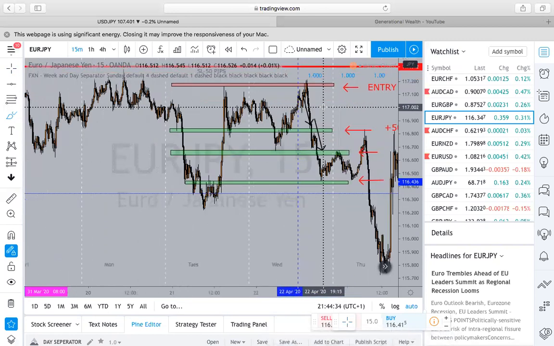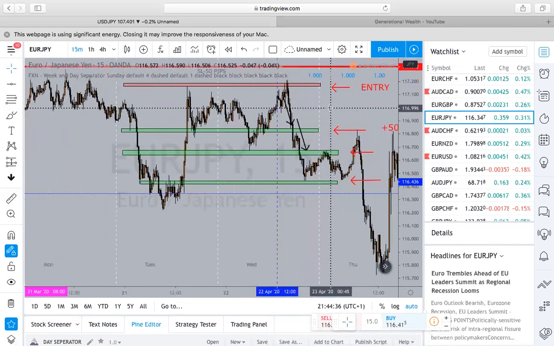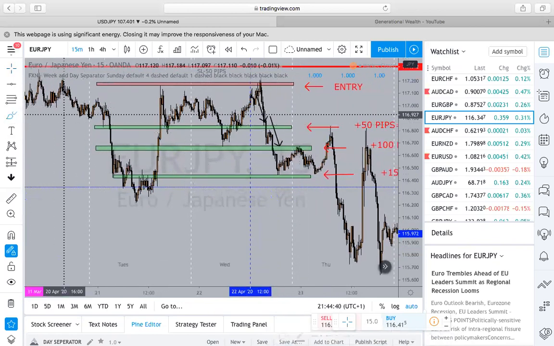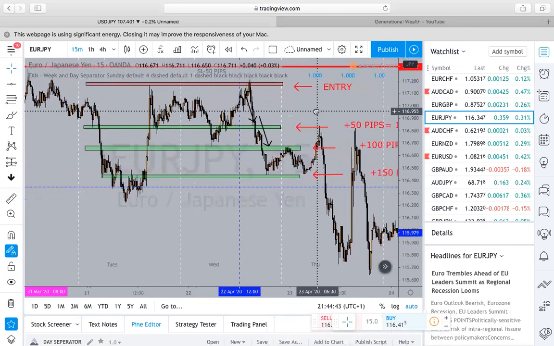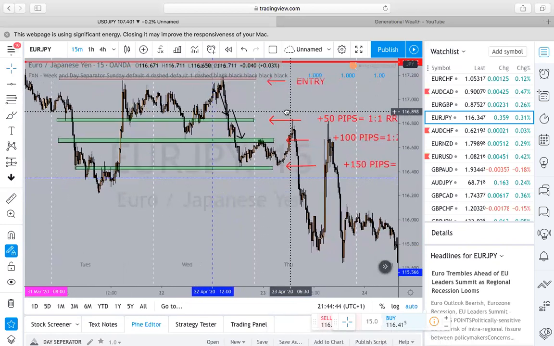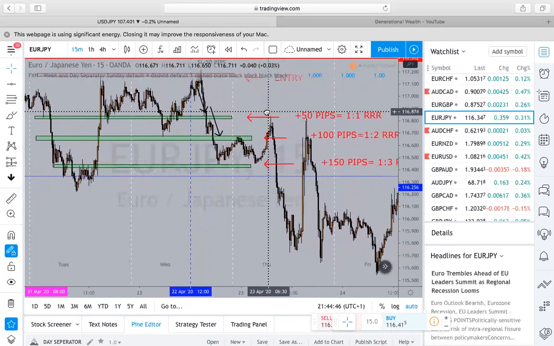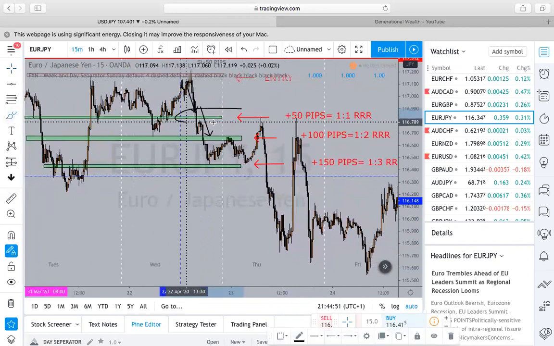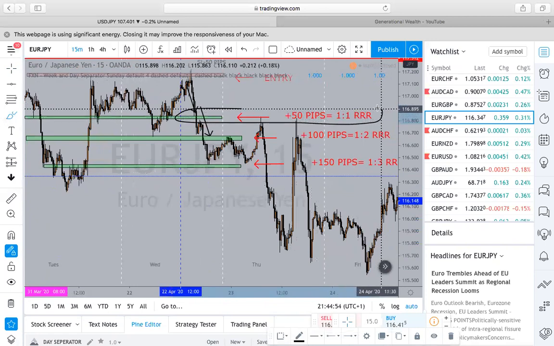And once price goes into profit and hits our first zone right here, boom, we are now 50 pips in profit, which means the risk to reward ratio on that is a 1-to-1.